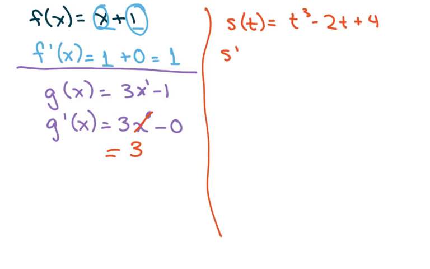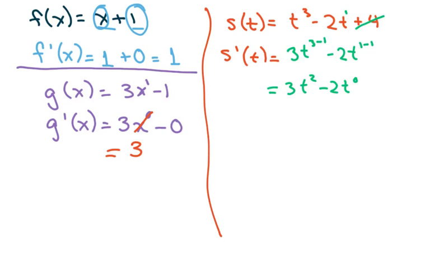So the derivative of s is going to be, move this 3 down, so you have 3t to the 3 minus 1 minus, this is 1, so this would be 2t to the 1 minus 1, and then we already know that the constant equals 0, so that just gets left out. Clean this up, you get 3t squared minus 2t to the 0. t to the 0 is just 1, so you get 3t squared minus 2.